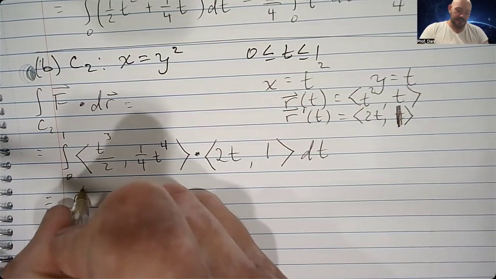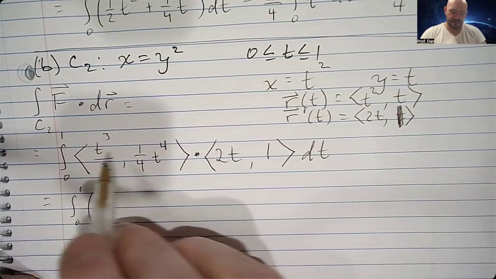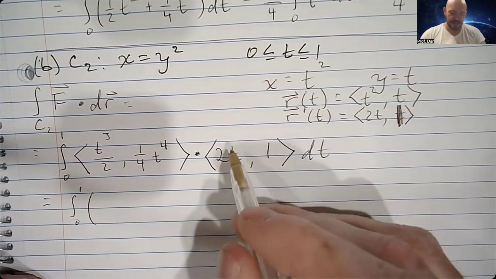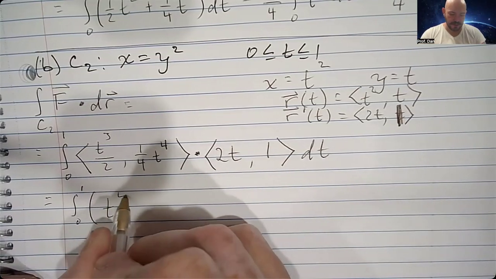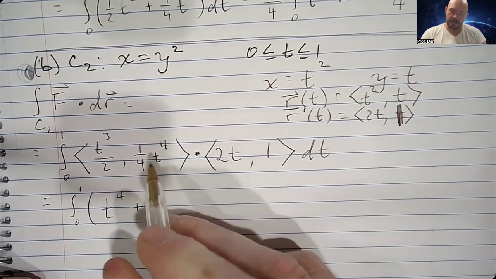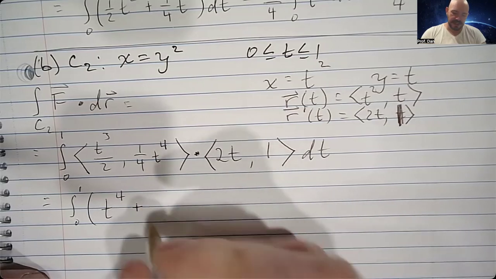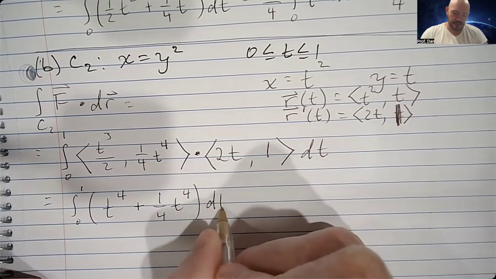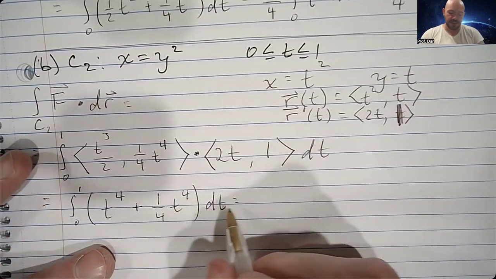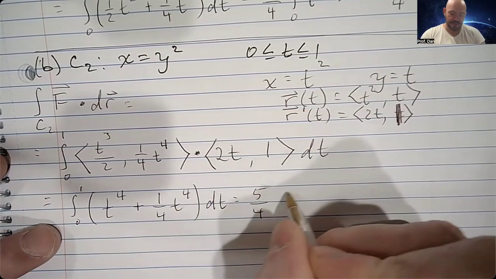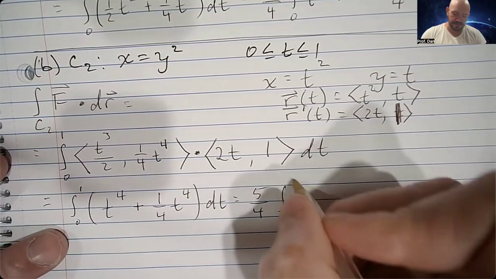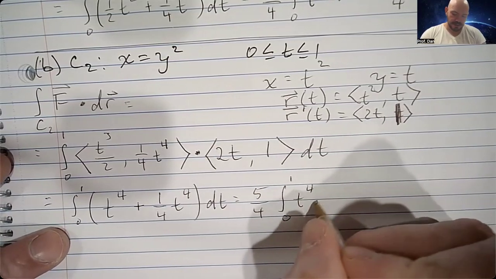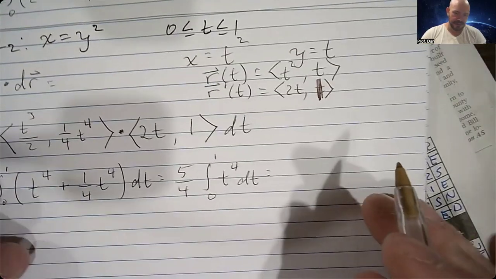So taking my dot product, first times first, the 2's are going to divide and I'll be left with just t to the 4 plus, then second times second, I get 1/4 t to the 4. If I combine like terms, I will get 5/4, which I'll bring out to the front, t to the 4. And I can use my power rule to find the antiderivative.